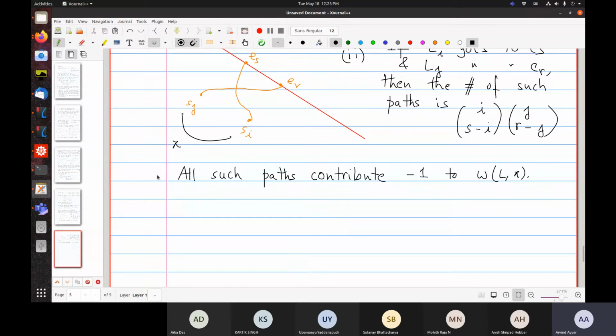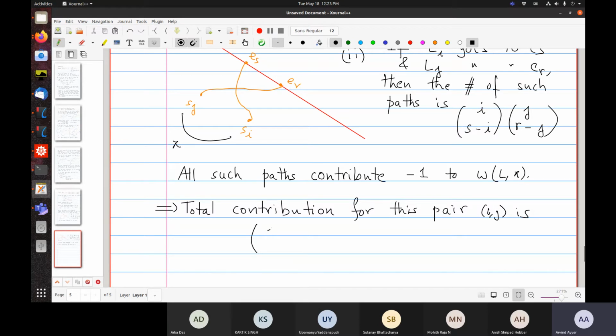So the total contribution for this pair ij is what?